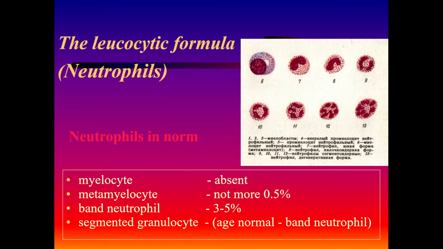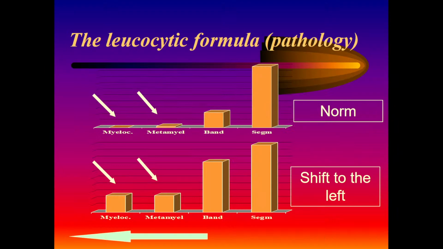In the leukocytic formula, neutrophils include myelocytes, which in normal must be absent, metamyelocytes no more than 0.5%, bent neutrophils nearly 3 to 5%, and segmented granulocytes the rest. If the number of myelocytes, metamyelocytes, and bent leukocytes increases, this phenomenon is named shift to left.